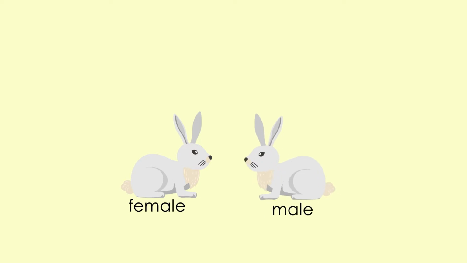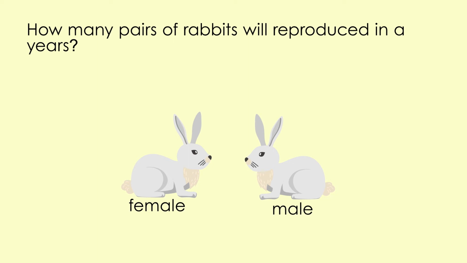In your daily life, you would have come across patterns of various sets of numbers and objects. The Fibonacci numbers began with a question posed by an Italian mathematician. The question posed was that if a pair of female and male rabbits were placed in an enclosed space, how many pairs of rabbits will be reproduced in a year?